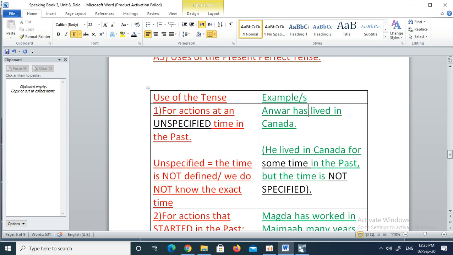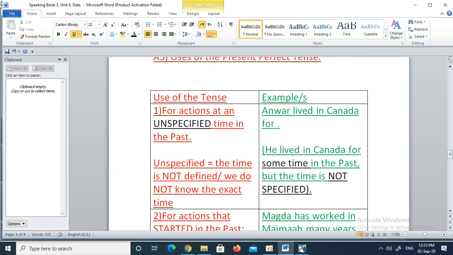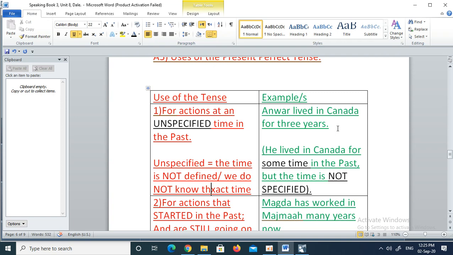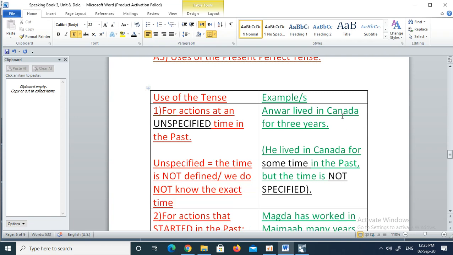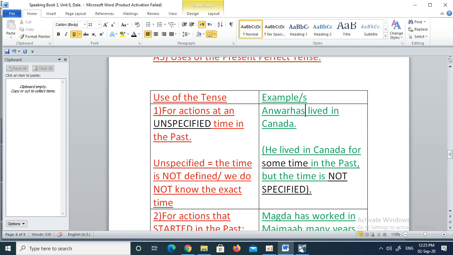If I knew the time, then I would use the past simple. I would say, Anwar lived in Canada for 3 years, because there we have a specified time. But if we don't have a specified time, if we just know Anwar lived in Canada, then we will more likely say Anwar has lived in Canada.